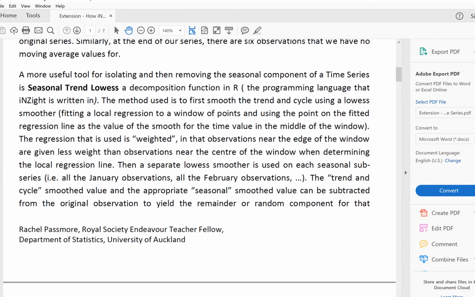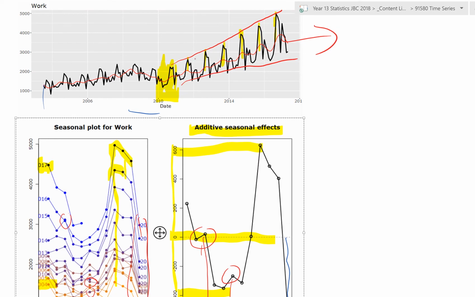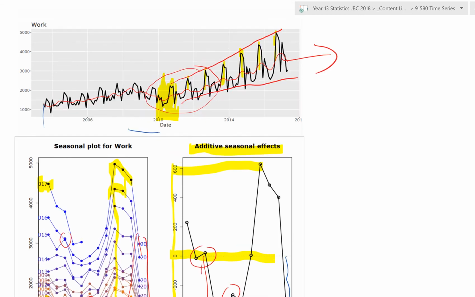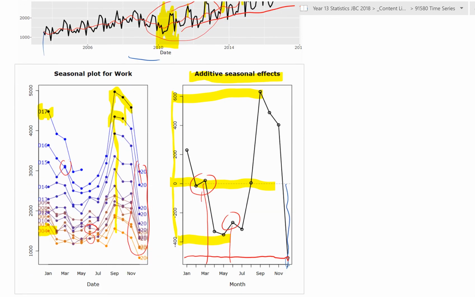In other words, it gives greater weighting to the data near the middle of the series. So when we look at this, see how near the centre of the series the seasonal fluctuations are less extreme than they are in the more recent data. But actually it's the more recent data that has more relevance to our forecasting. And so we need to think about that.